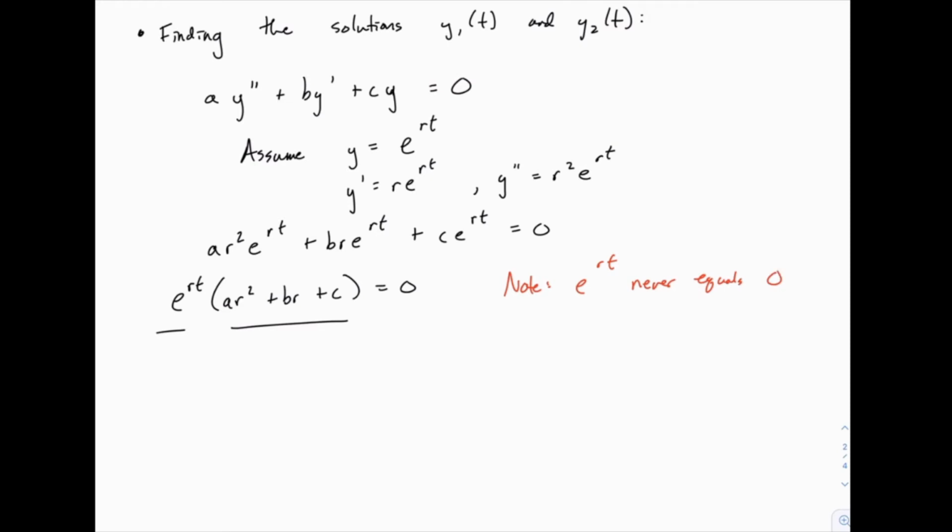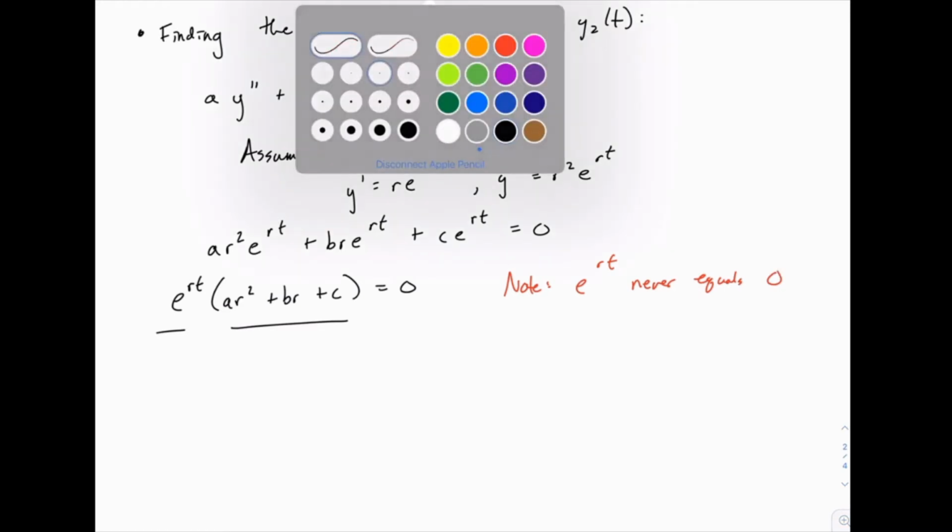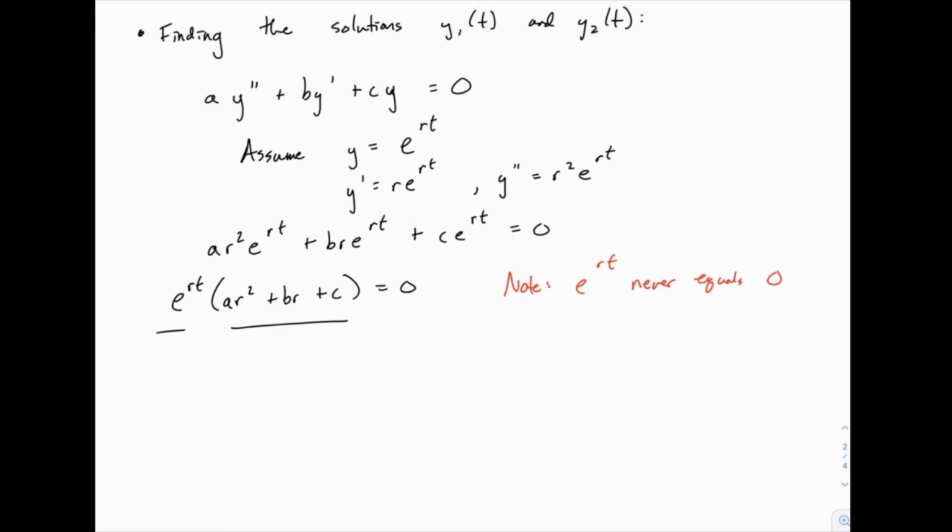No matter what value of r you select, you can never get that to equal 0. Which simplifies things for us, because we have something that can't equal 0 times ar squared plus br plus c, and that equals 0, so we know that ar squared plus br plus c must equal 0.